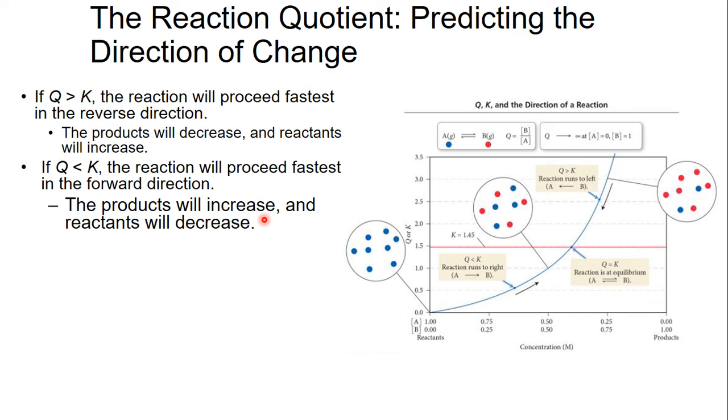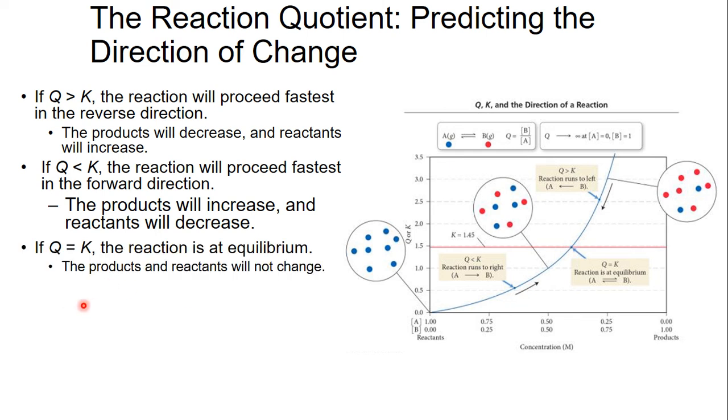That means we have more reactants than products, so you have to make more products. Our reaction is going to go in the quote-unquote normal direction. It's going to run to the right, and you're going to make more products. And if Q is equal to K, you're at equilibrium. Your concentrations aren't going to change, and what you actually calculated wasn't a Q, it was a K.